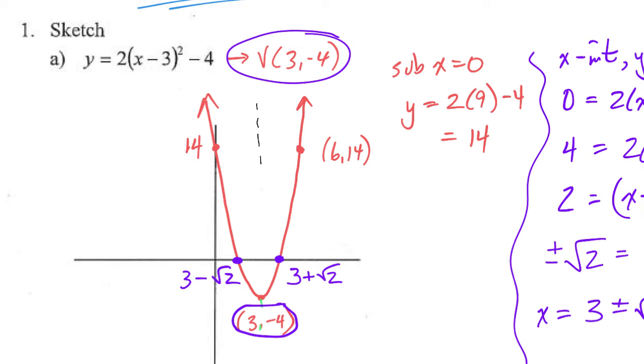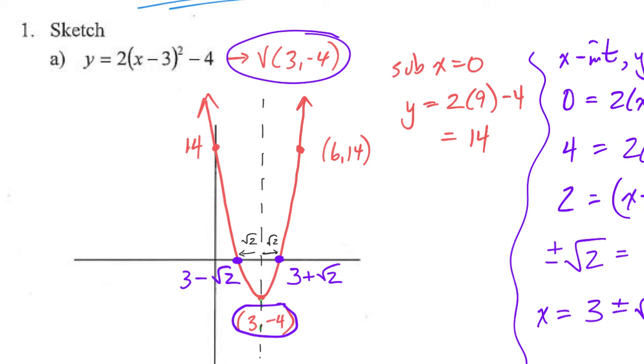I'm going to grab my straight edge to make sure that I can do this as best as possible. My axis of symmetry would be at x equals 3. You can see 3 at your vertex. What that actually tells us is to get our x-intercepts, we are root 2 away from the axis of symmetry.